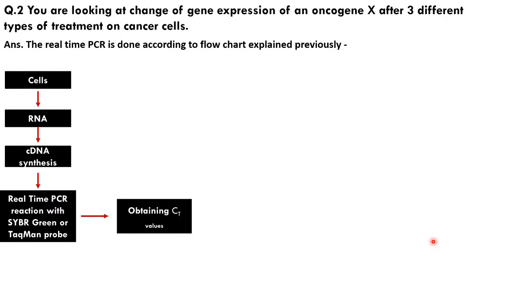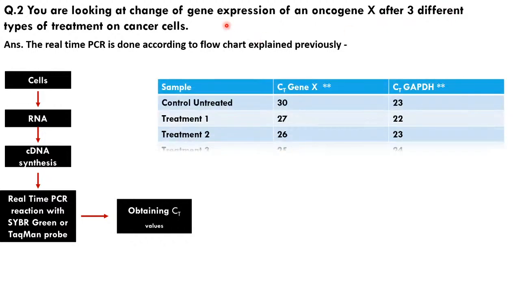Let's do one more experiment. Now we want to analyze the gene expression of an oncogene X after 3 types of treatments on the cancer cells. So we have 4 samples: control, untreated cells, then treatment 1, treatment 2 and treatment 3.